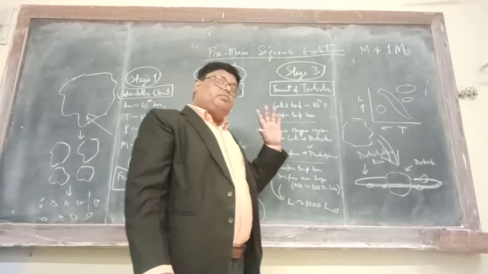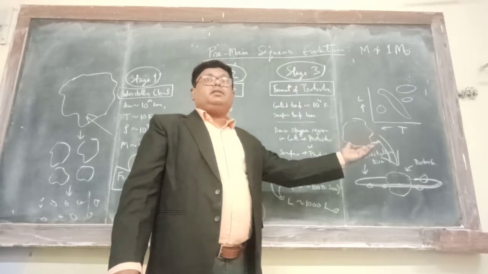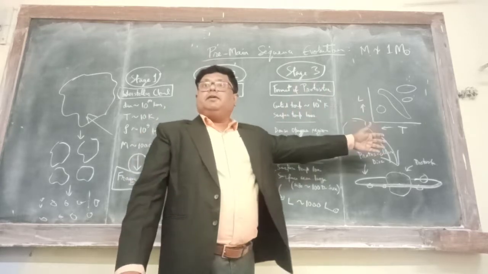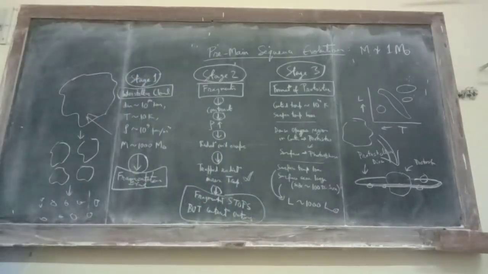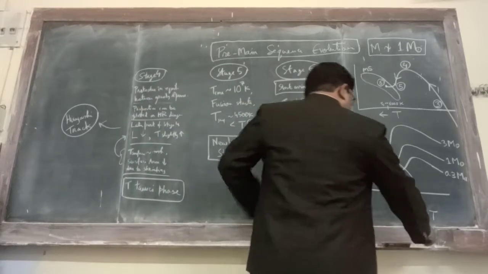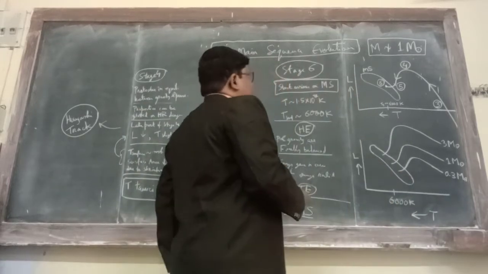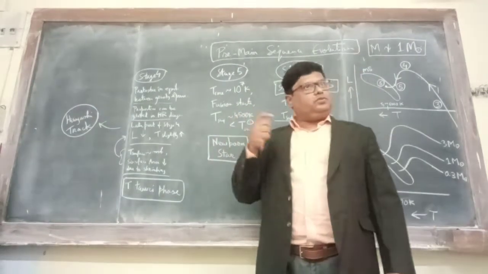Okay, so now we will move forward and talk about when the star moves on to the main sequence. Now we will talk about the later stages. Previously we talked about stages 1, 2, 3.